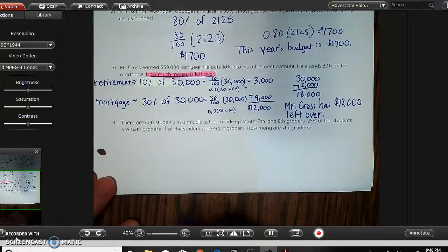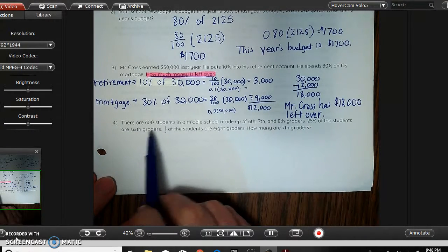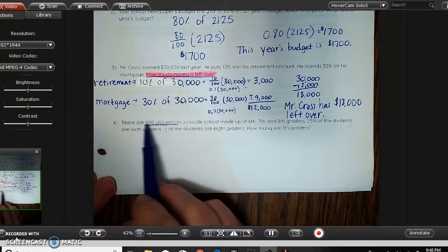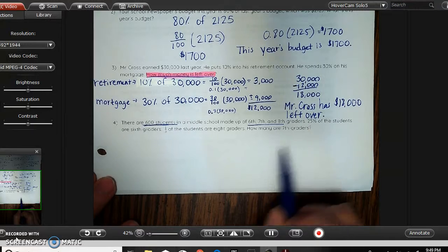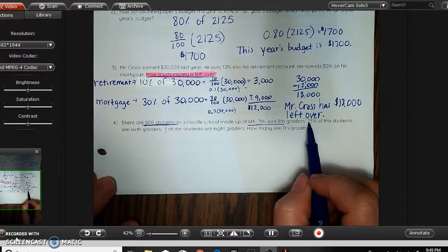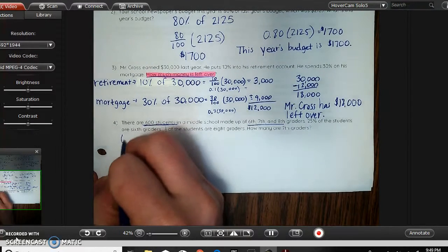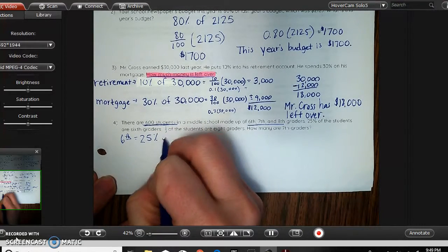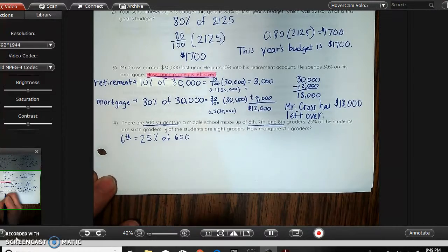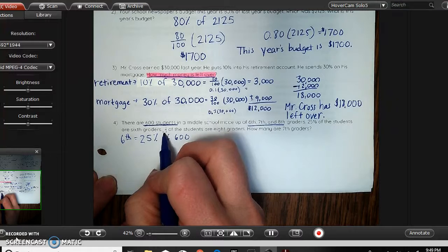So our last question, there are 600 students at the middle school altogether, and the middle school is made up of 6th, 7th, and 8th graders. Now 25% of these students are 6th graders. So the 6th grade is 25% of 600. And then it says that 1/3 of the students are 8th graders.